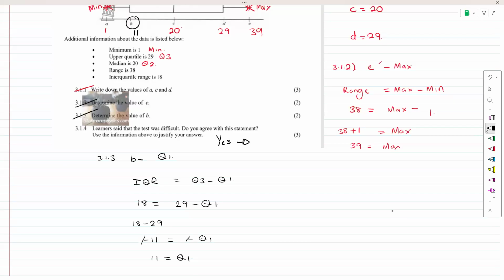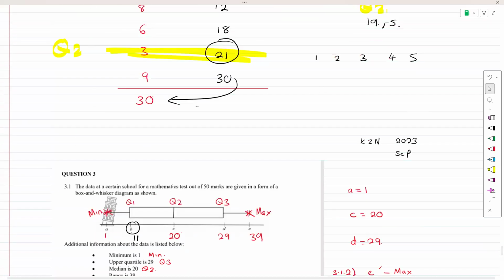I would also say that the highest mark of this test was 39, so the highest mark wasn't even an A, it was 39 out of 50. And the middle mark was 20 out of 50, like 40%. So generally this test was difficult. But that's all there is to this question.